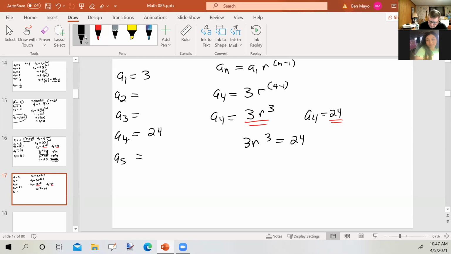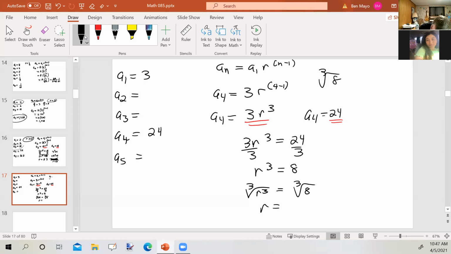All right. Now, to solve for r, first of all, we'll divide both sides by 3, and we get r cubed equals 8. So now we want to take the cube root of r cubed, which is r, and the cube root of 8. Now, the cube root of 8 equals some number such that that number times itself three times is 8.